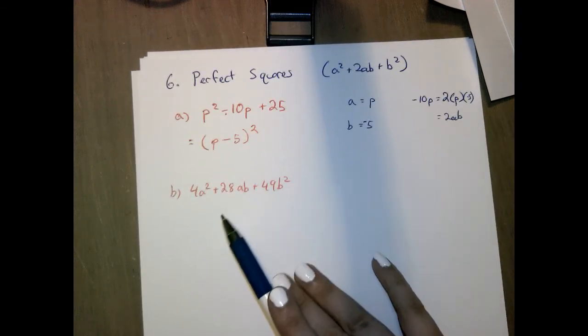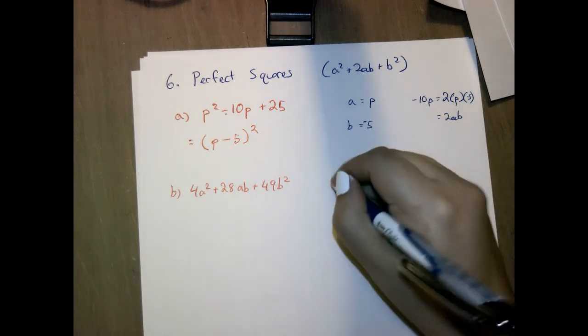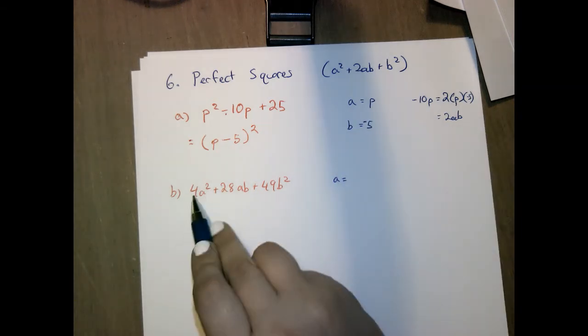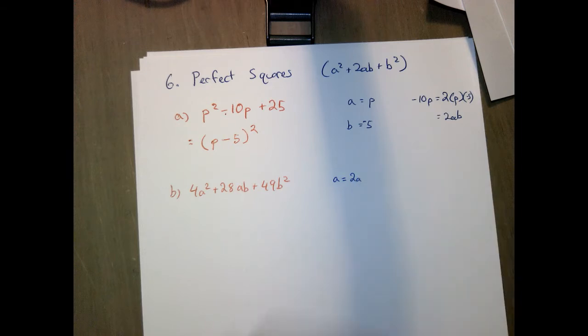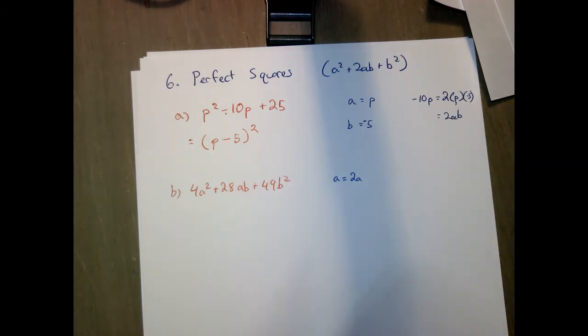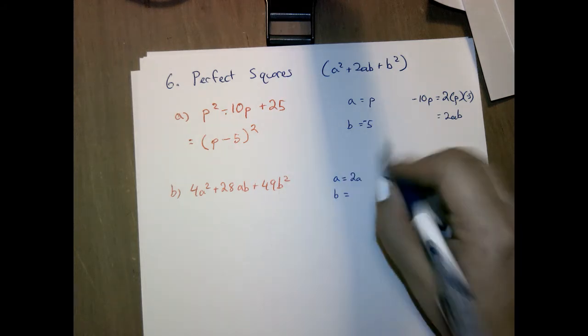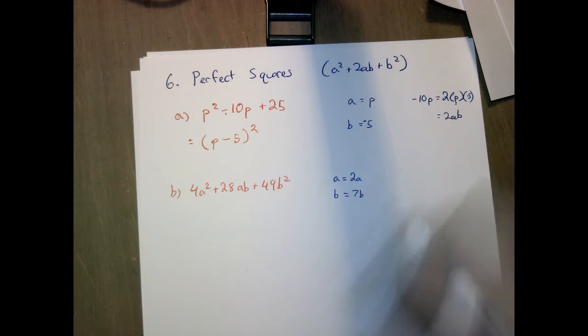However, I can recognize that my first term is a square, right? The square root of 4a squared is 2a. My last term over here is also a square. My square root of 49b squared is 7b.